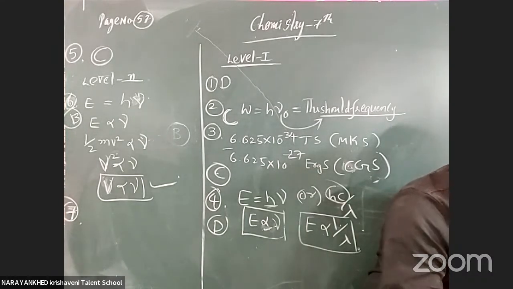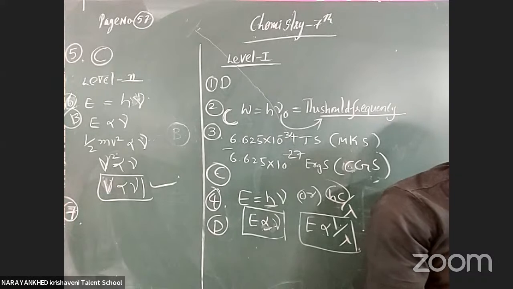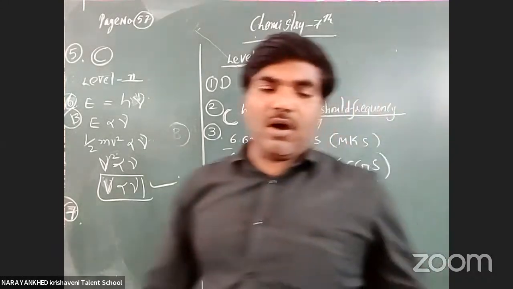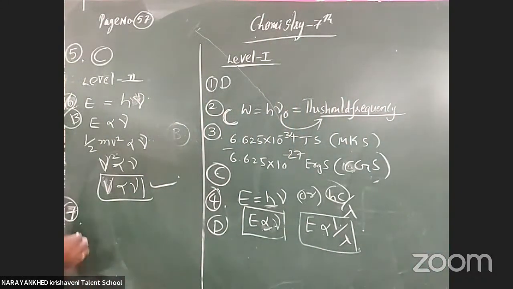Half mv square is equal to what they consider the work function. Clear or not? Half mv square is taken as h nu.